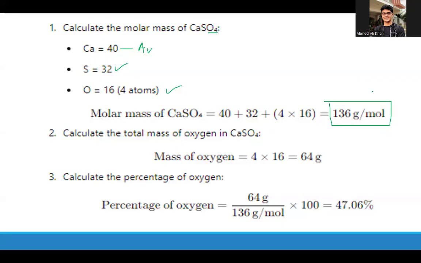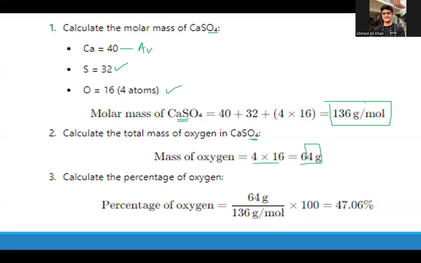What this molar mass means is that if you have 1 mole of calcium sulfate, that would weigh equal to 136 grams, right? The question was to calculate the total mass of oxygen in calcium sulfate. The molar mass of oxygen in this molecule is 4 times 16, that is 64 grams.